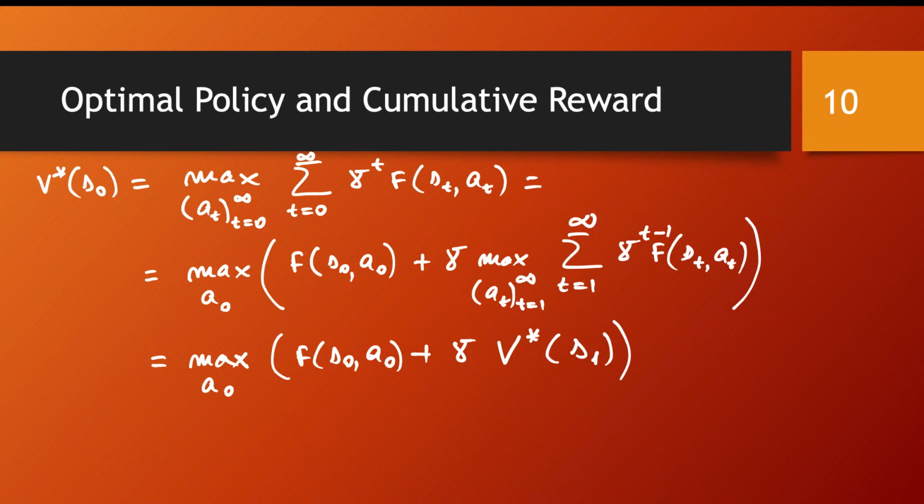This idea is also known as the Bellman's principle of optimality, and this can be phrased as follows. An optimal policy has the property that whatever the initial state and the initial decision are, the remaining decisions must be an optimal policy with respect to the state resulting from that first decision.